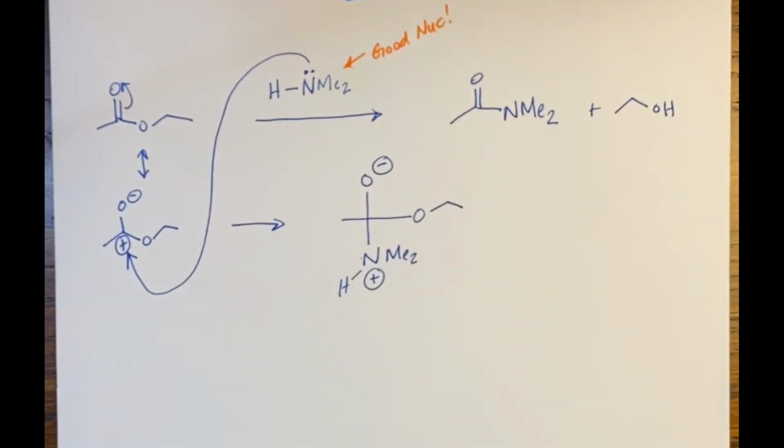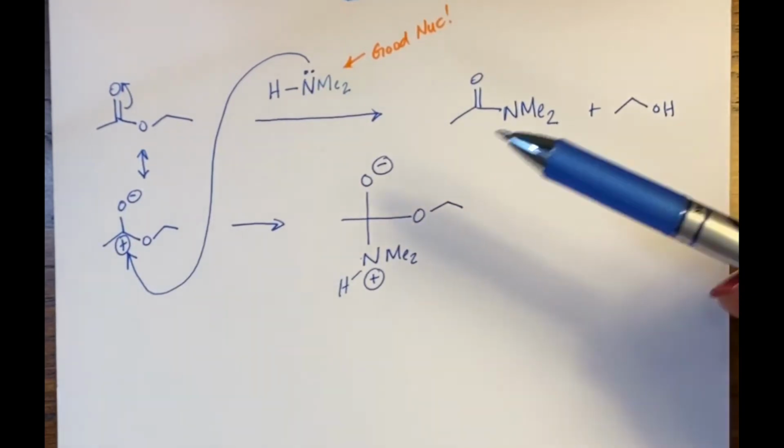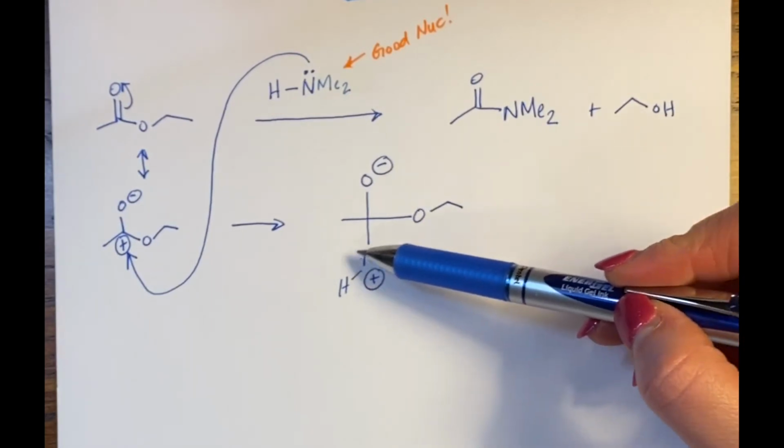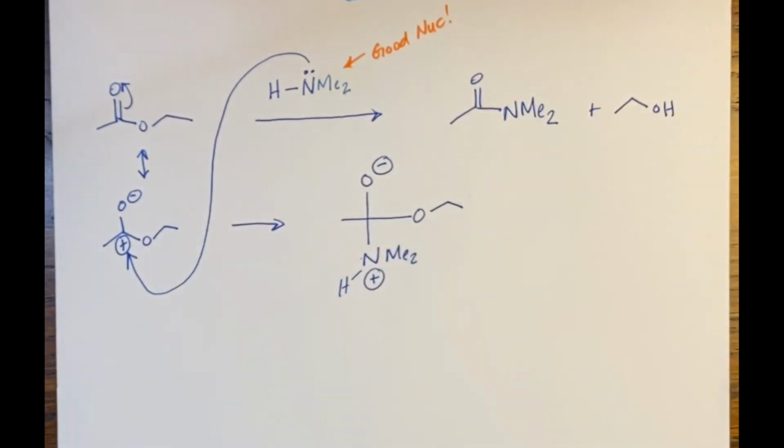Now, as this tetrahedral intermediate collapses, remember it will always kick out the best leaving group. So from this structure right here, my very best leaving group is going to be this protonated amine right there. So if I need that group to stay bonded to the carbon of my tetrahedral intermediate, I have to remove this proton.